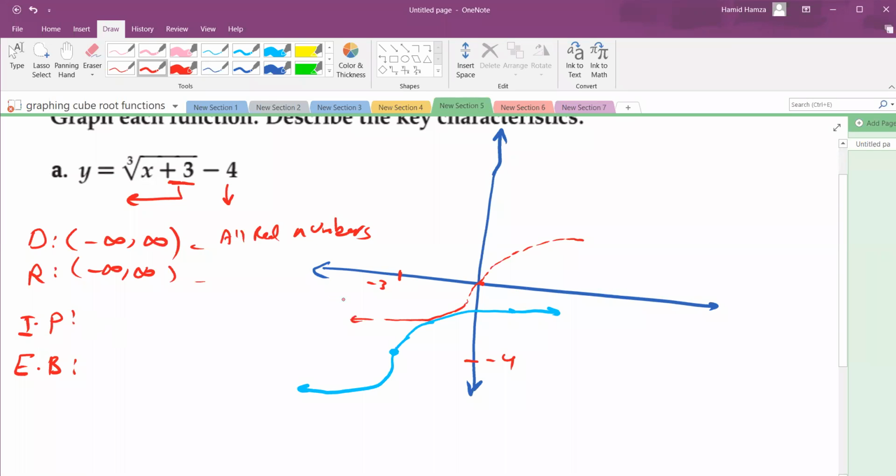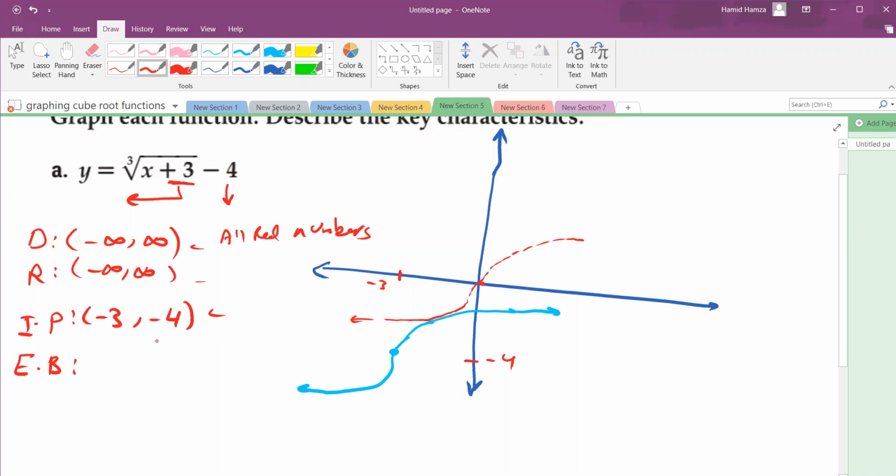So what about the inflection point? The inflection point moved from (0, 0) to become (-3, -4). We take the number inside the root with the different sign, which is -3, and the number outside the root with the same sign, which is -4. So this is the inflection point.